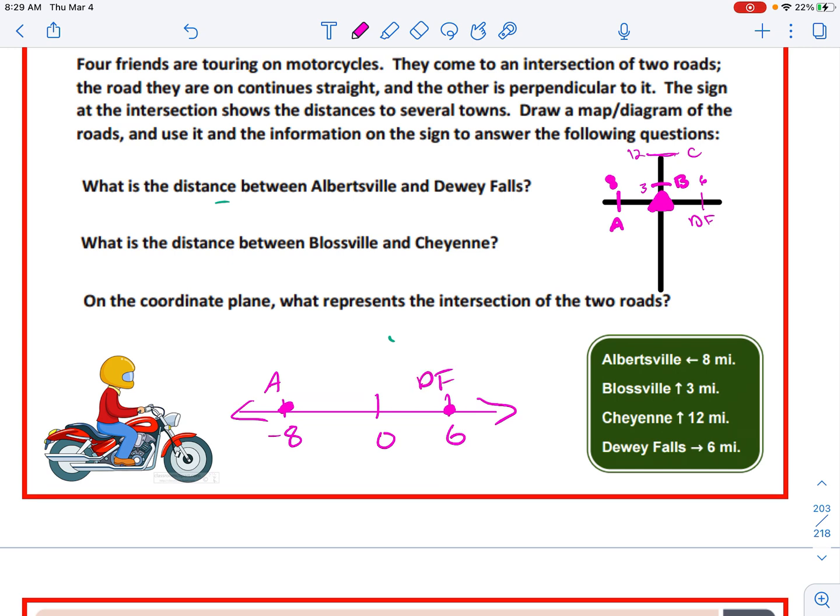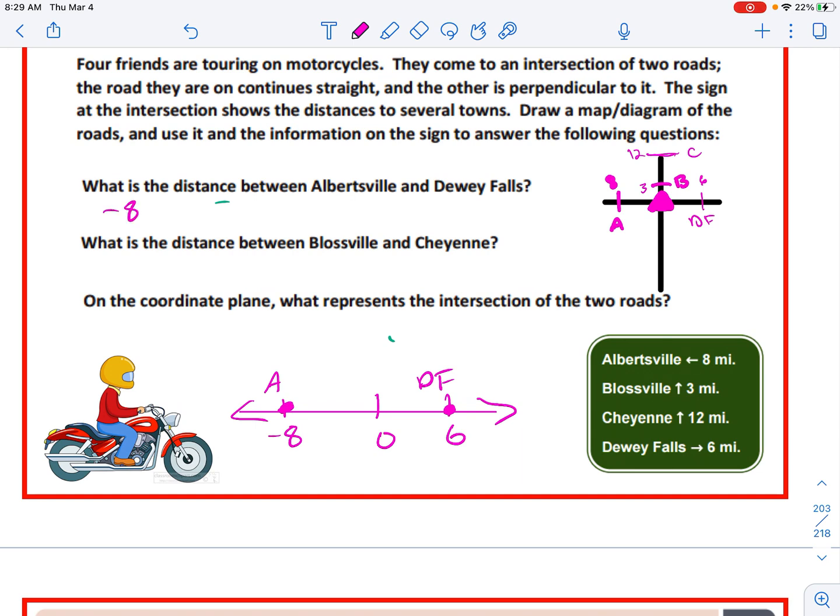One way we can find the distance is to count the units in between these 2 points, but an easier way is to use absolute value. Since the 2 points are on opposite sides of 0, we can use absolute value to find the distance.